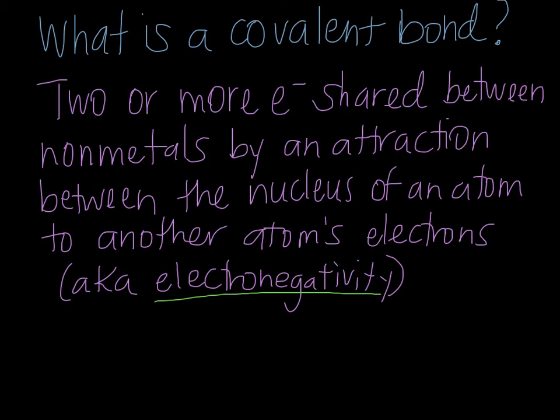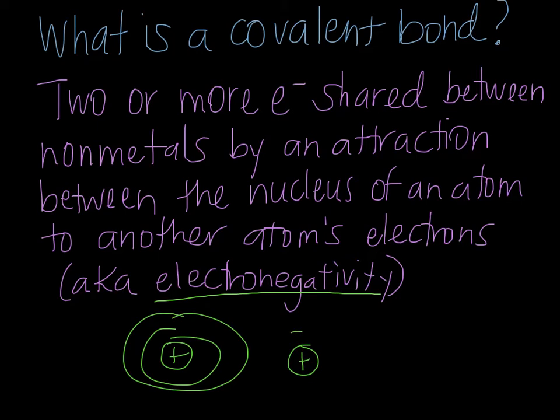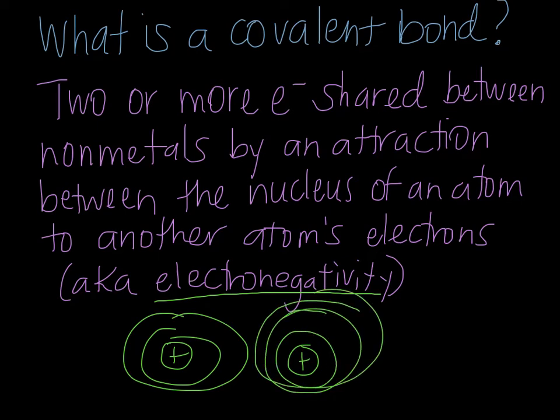So an example of this, we have two atoms with their positive nuclei, and they've got the electrons surrounding them. So what will happen is they will share a pair of electrons between them, and the reason this happens is because one atom, like say this one, maybe is very electronegative and it pulls in these electrons.